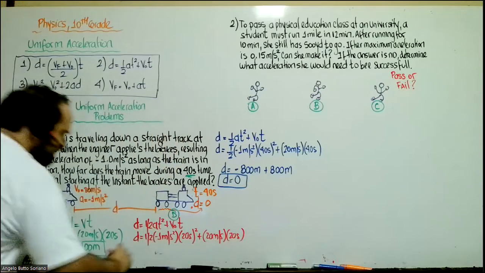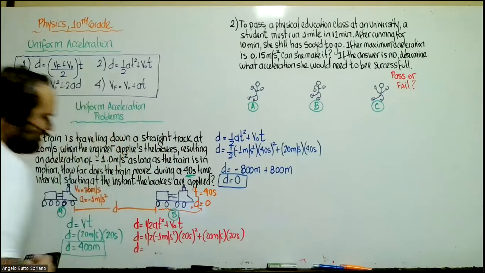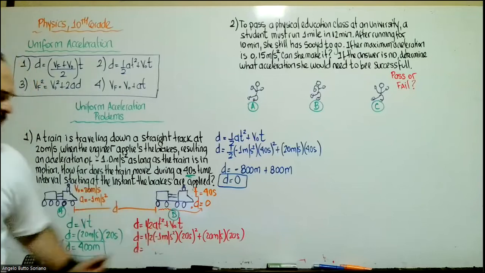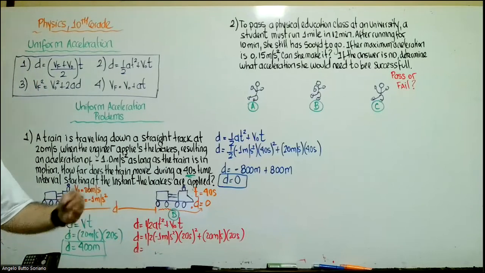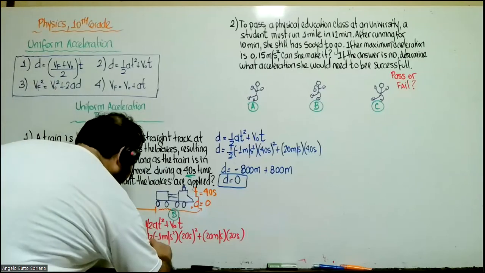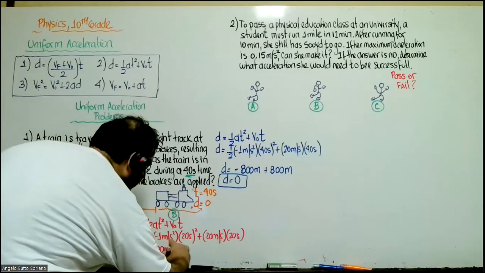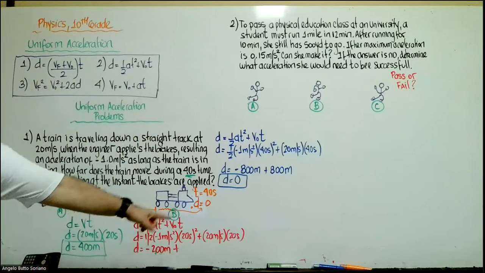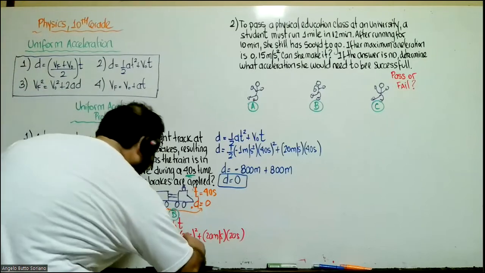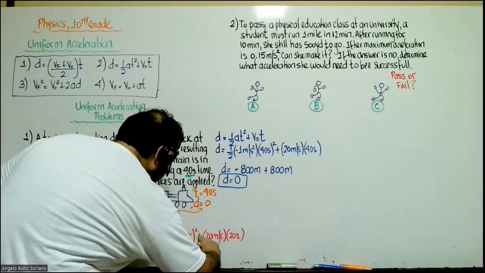We're going to obtain, well, simple. 20 to the second power is 400, times negative 1, negative 400 times 1/2, that will be negative 200 meters. Plus 20 times 20, that will be 400 meters.